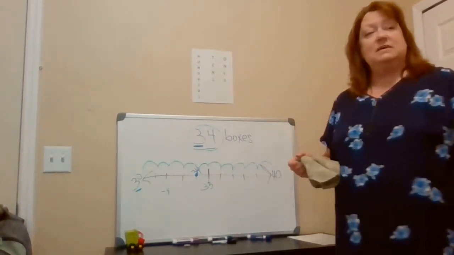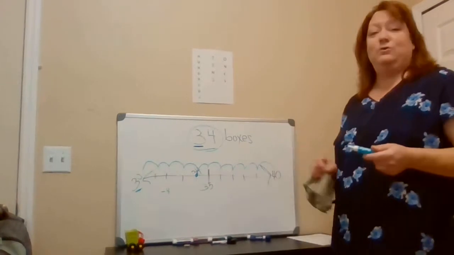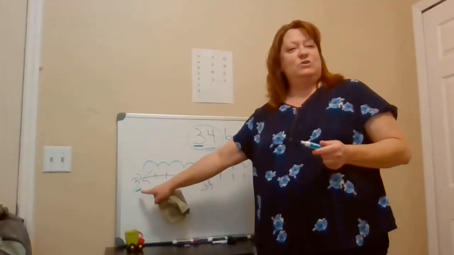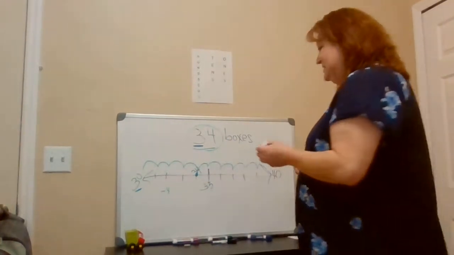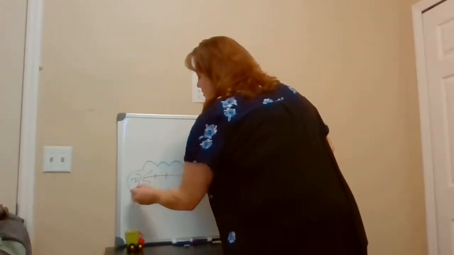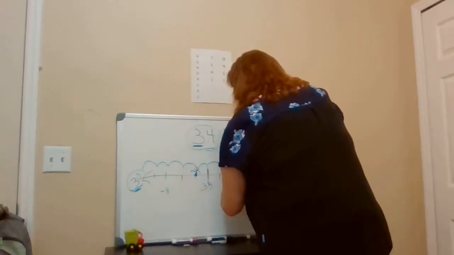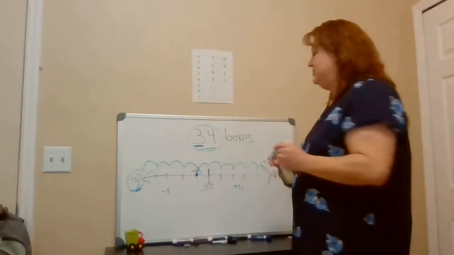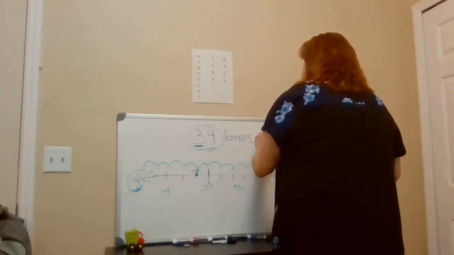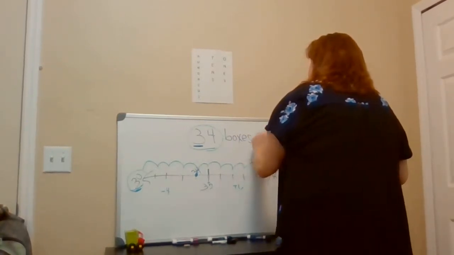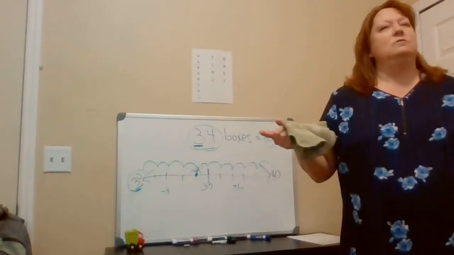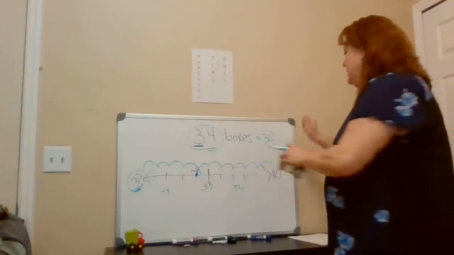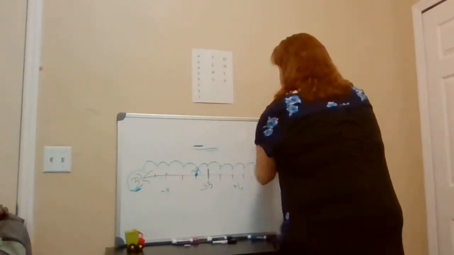Well, now that would take me 6. So what can you tell me is closer? Is 34 closer to 40 or 34 closer to 30? Exactly. Yes. 34 is only 4 from 30. So if we were rounding this number 34, we would round it to 30, just to make it easier to remember, because sometimes those rounded numbers are just easier to remember.